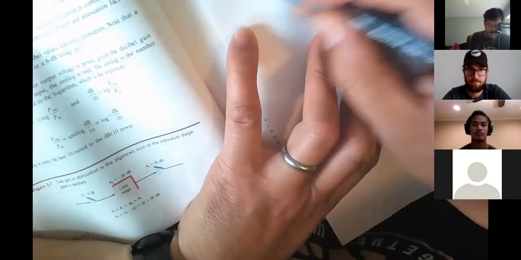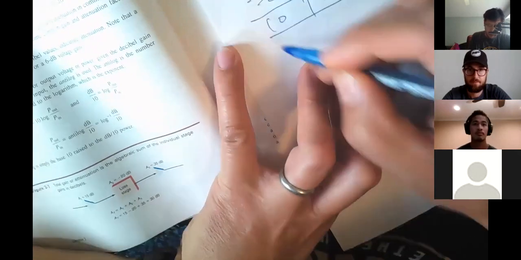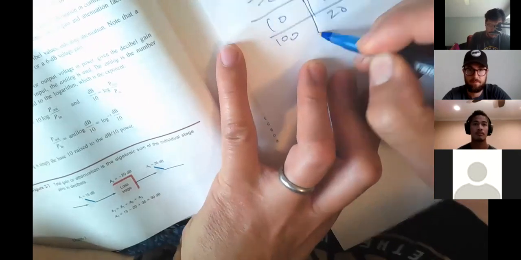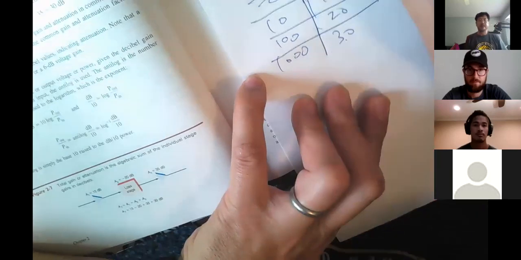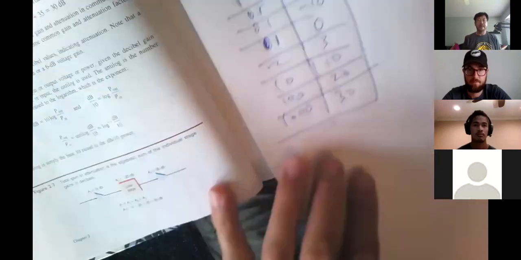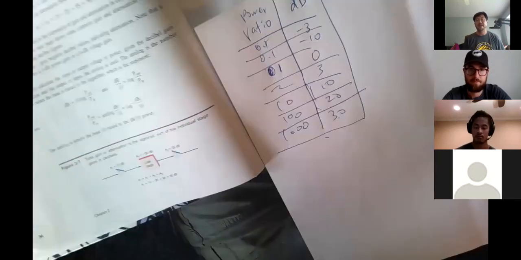Then 2 is 3 dB, 10 is 10 dB, 100 is 20 dB, 1,000 is 30 dB. So that's the decimal table. Probably nice to remember because, like I said, it is more widely used.